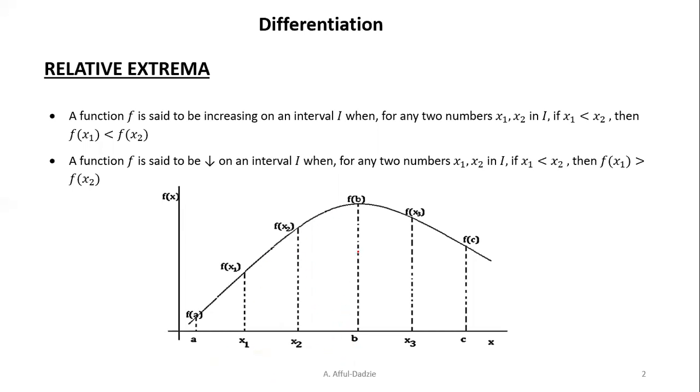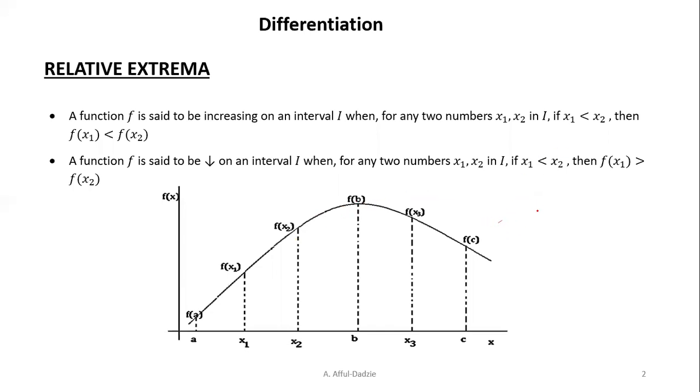And if we also took the interval from B to, let's say, C, we can see that on that interval we are experiencing a decrease. However, it's not always the case. You may not always have the graph to show at what point we are experiencing the increase and at what point the decrease.